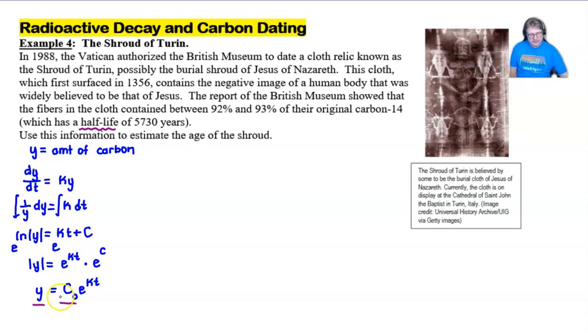I could make the initial amount 25 and the ending amount 50. I could make the initial amount 47 and the ending amount 94, right? As long as the y is double that of the c0, all is good, because it doesn't matter, because we're going to divide the c0 over anyway, and we're going to get a 1/2.